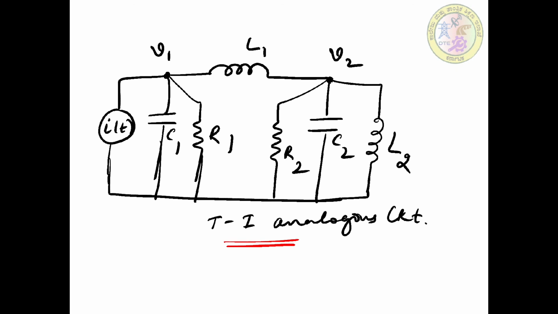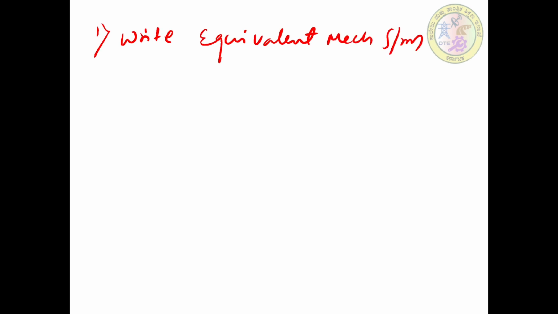With this our four analogies are completed: force voltage, force current, torque voltage and torque current analogies. In all these analogies the common procedure is, first, you have to write the equivalent mechanical system.